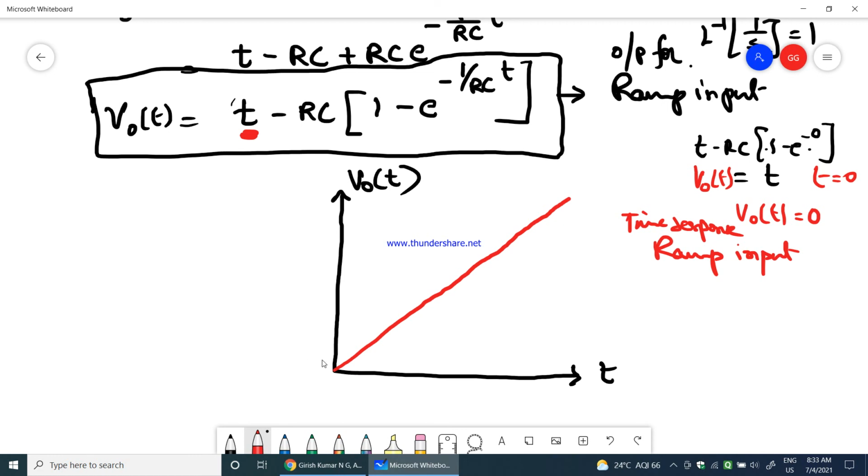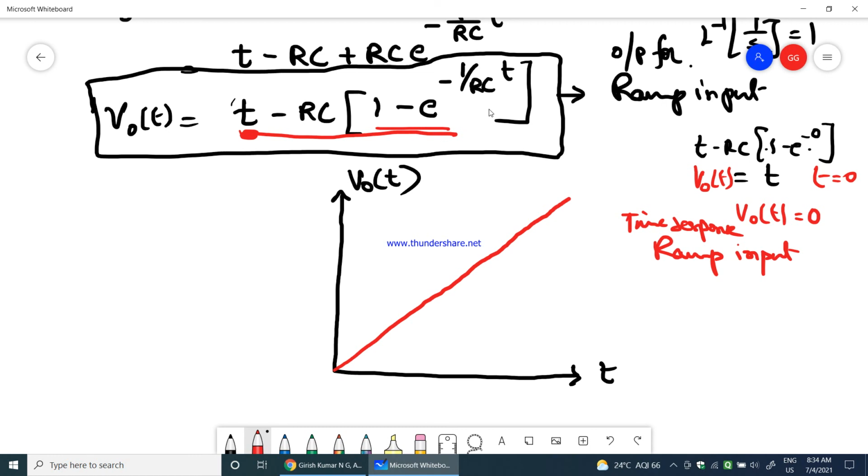So linearly you see the graph keeps on changing with the increase in time. Earlier for unit step you had only this, but now for ramp input you got this expression, where the response is completely dependent on the time t, whereas in the unit step it was completely dependent on the e power term.